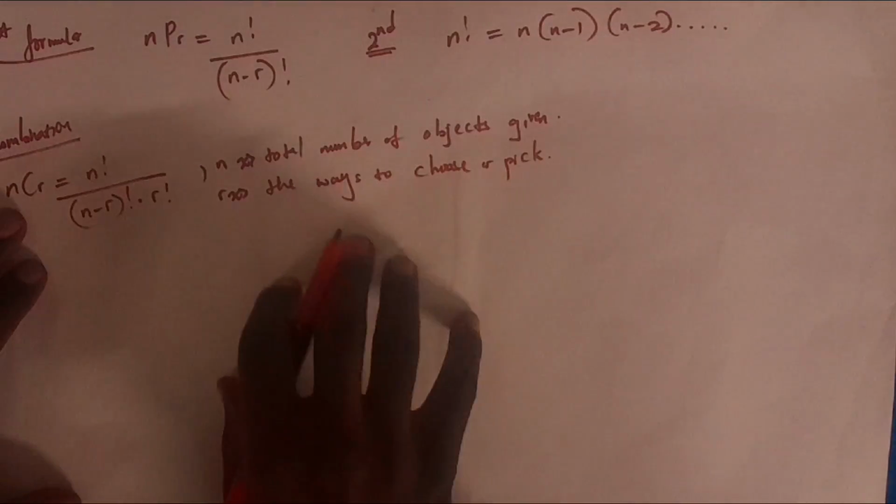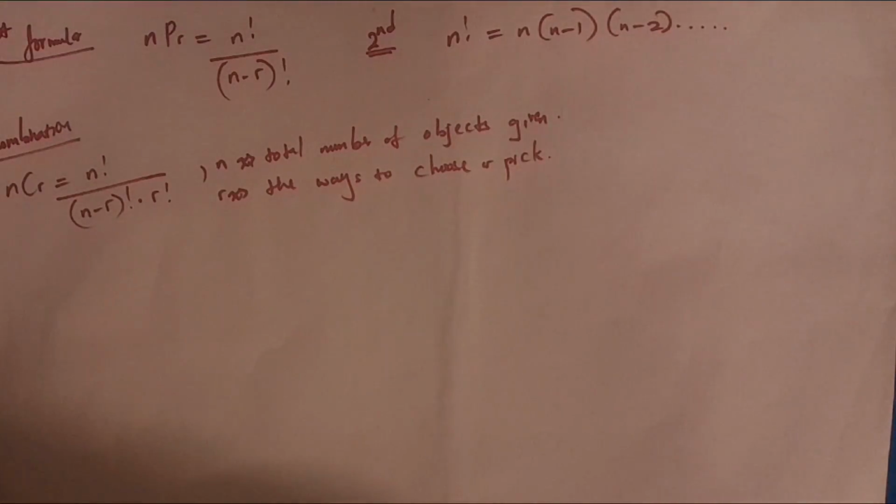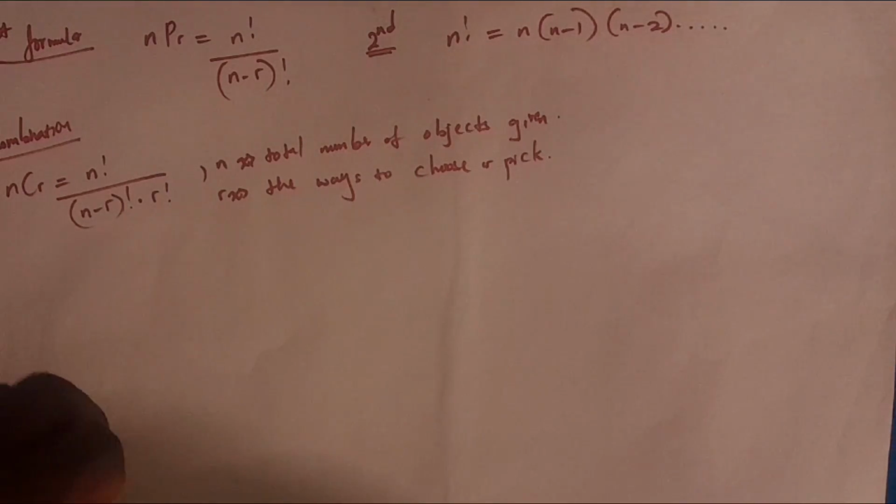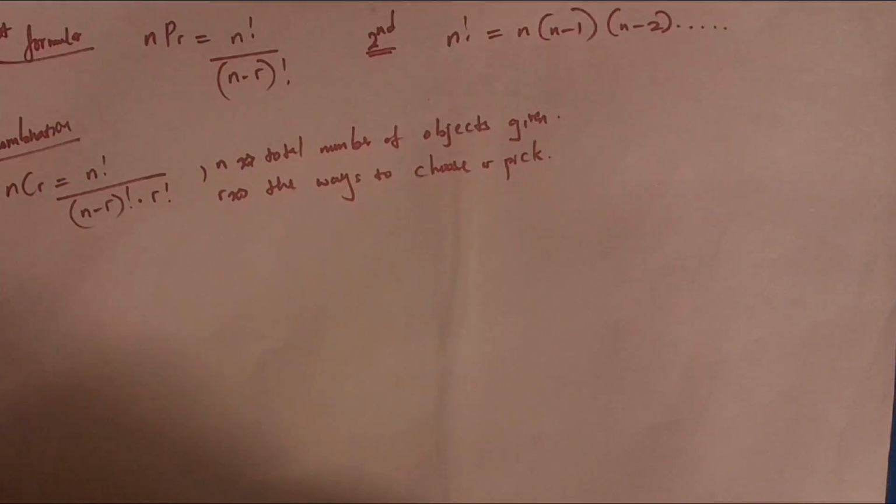All this data we are going to be given. So the total number of objects or letters and the r, the ways to choose, are also going to be given when we are solving permutations and combinations.